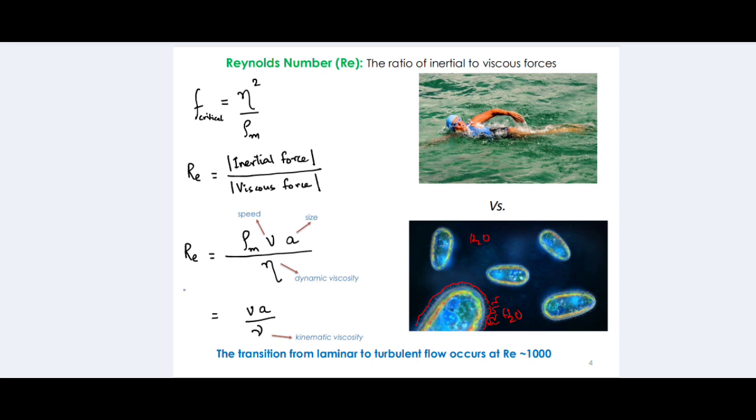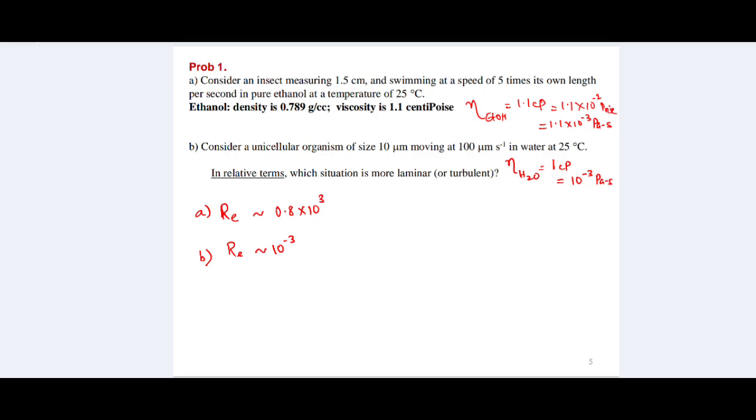Look at this problem. So consider two situations, and again please pull out your calculator. So I'm giving you two situations. An insect measuring 1.5 centimeters. You might have seen these little insects floating in your pond, or doing these little motions. A 1.5 centimeter insect swimming at a speed of 5 times its own length per second in pure ethanol.